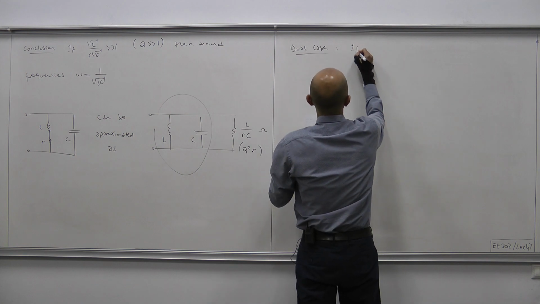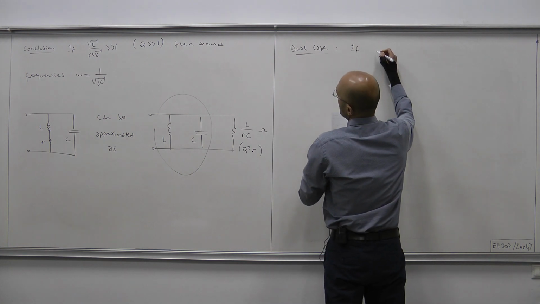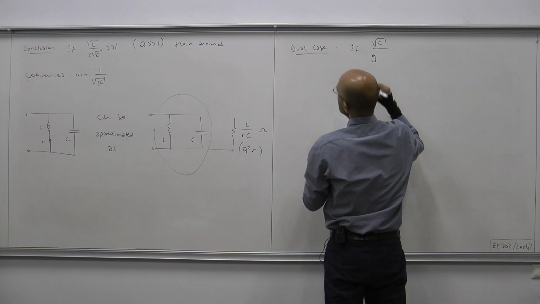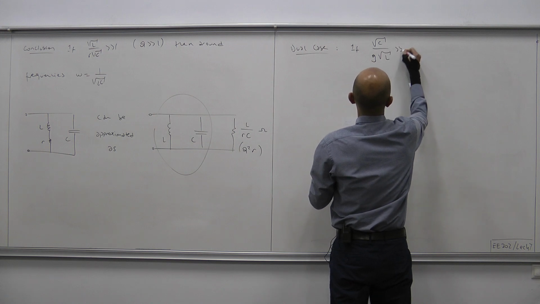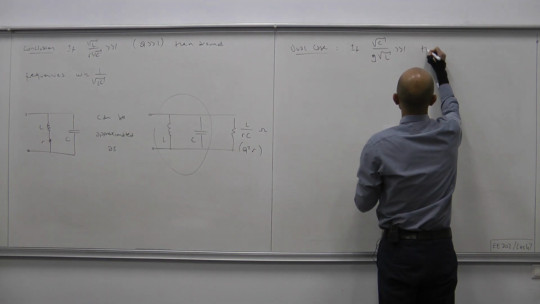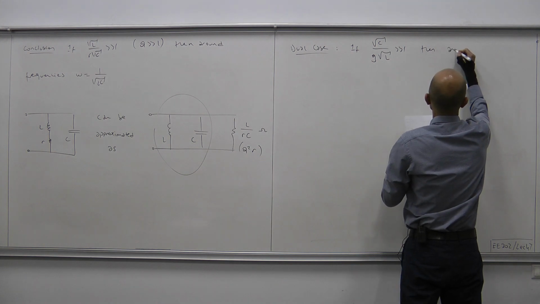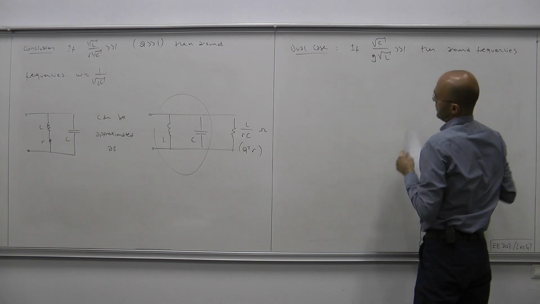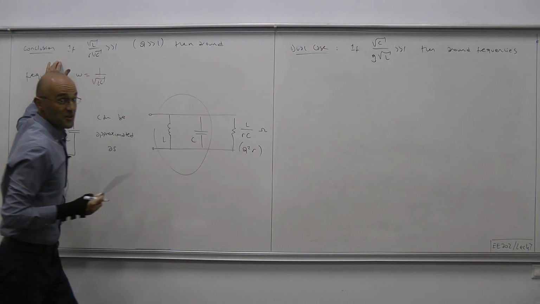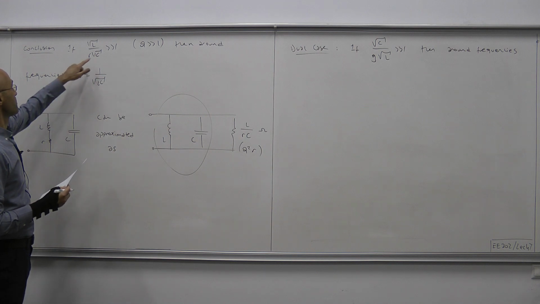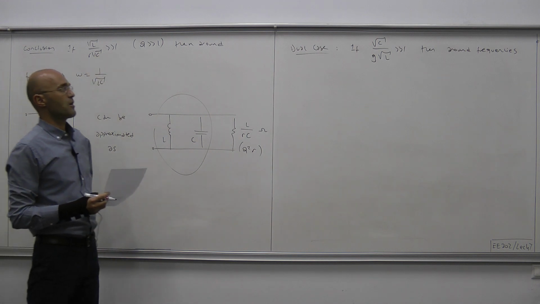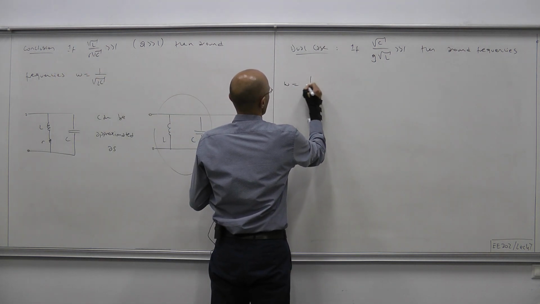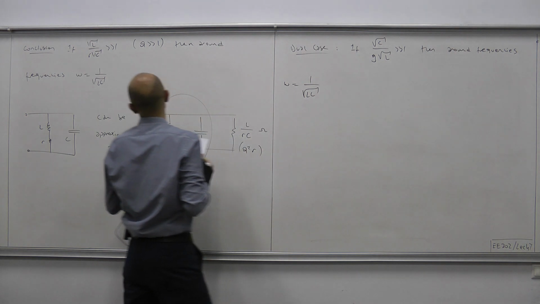If square root of C divided by G square root of L is much larger than 1, then around frequencies omega equals 1 over square root of LC.